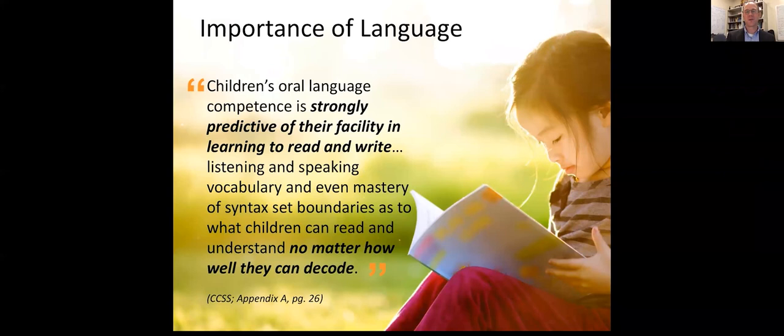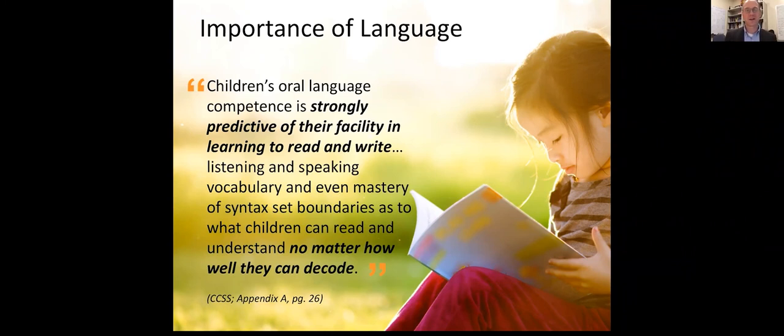And speech language pathologists are not the only ones who recognize the importance of oral language. This is coming right out of the Common Core State Standards: children's oral language competence is strongly predictive of their facility in learning to read and write. Listening and speaking vocabulary, and even mastery of syntax, set boundaries as to what children can read and understand, no matter how well they can decode.